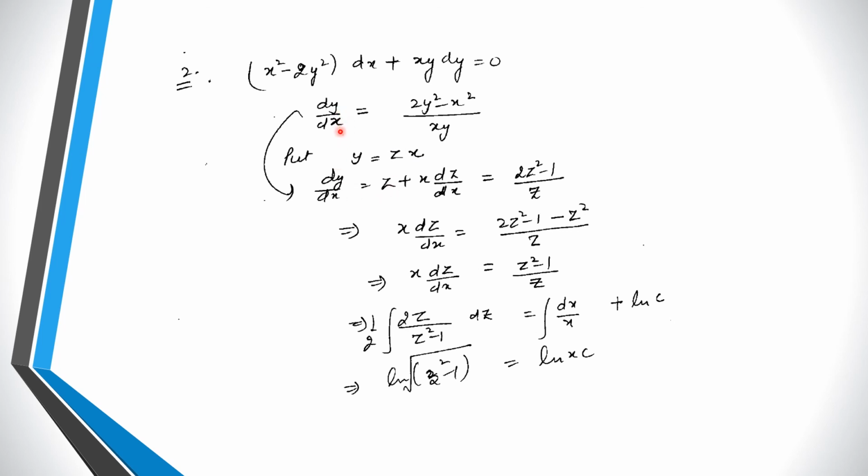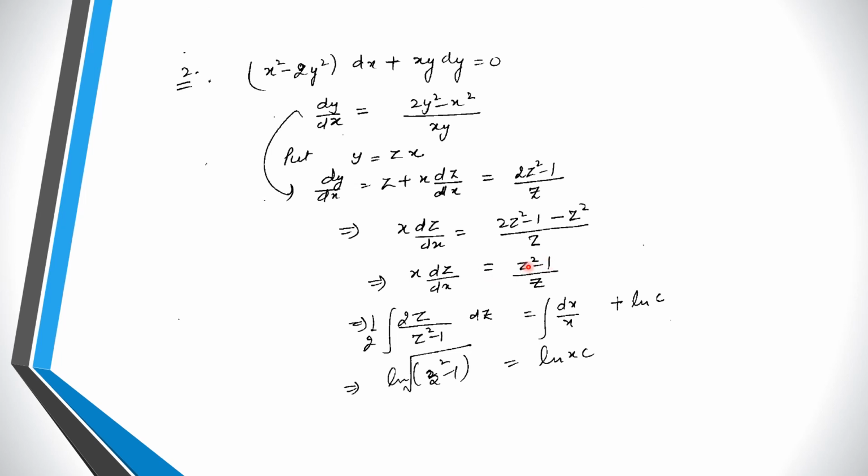So for dy by dx, find the derivative of y with respect to x. This is dy by dx is equal to the derivative of z into x, which is z as it is into the derivative of x, plus x as it is into the derivative of z with respect to x. So substitute this value over here. So you will have x into dz by dx is equal to, you can take this z term to this side. After simplifying this, you have this equation. Now just see from this equation, we can easily separate the variables.